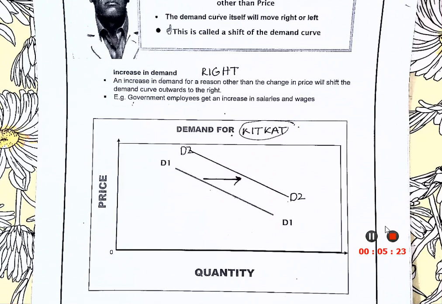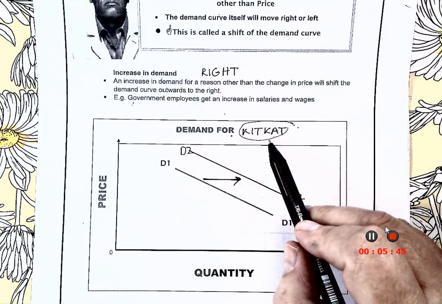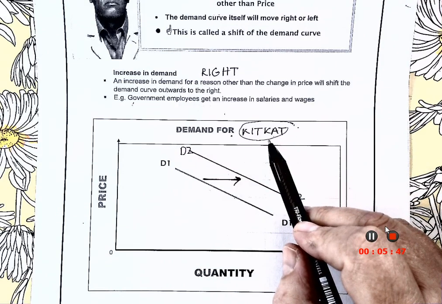You know what makes a chocolate very popular? The advertising. So suddenly there's a very good Kit Kat advert, and now suddenly people want to buy more because they know the name more, right? But if they give you something specific, you have to put the specific name there.